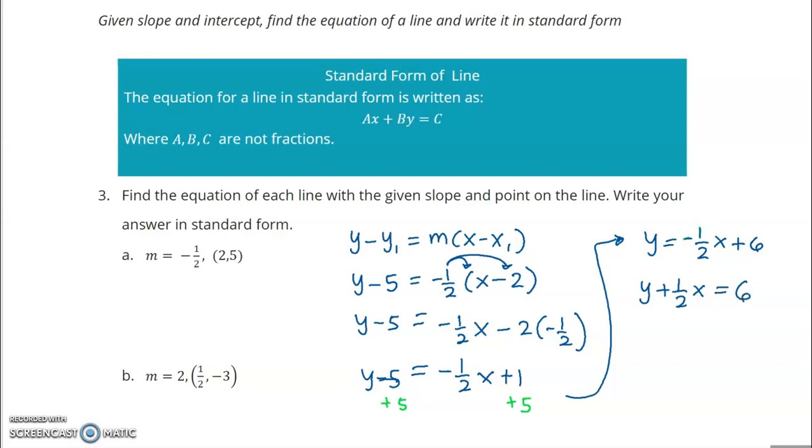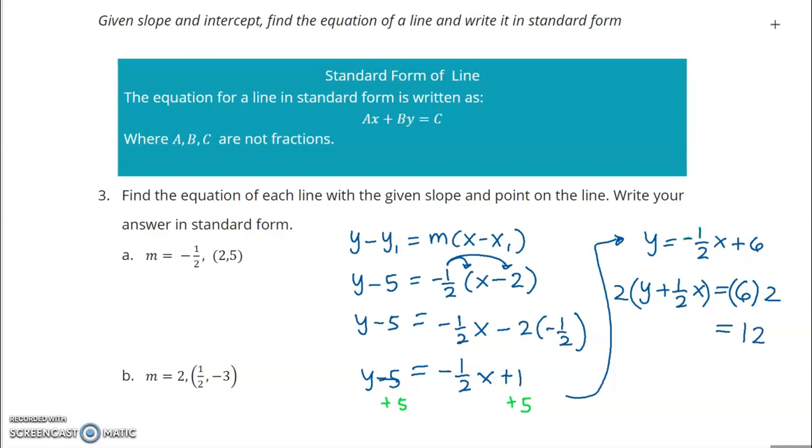Now, the coefficients must not be a fraction. So to remove this 1/2 here, we will multiply both sides of the equation by 2. So I will multiply this by 2, and then I will also do it on the other side of the equation. That gives me 12.